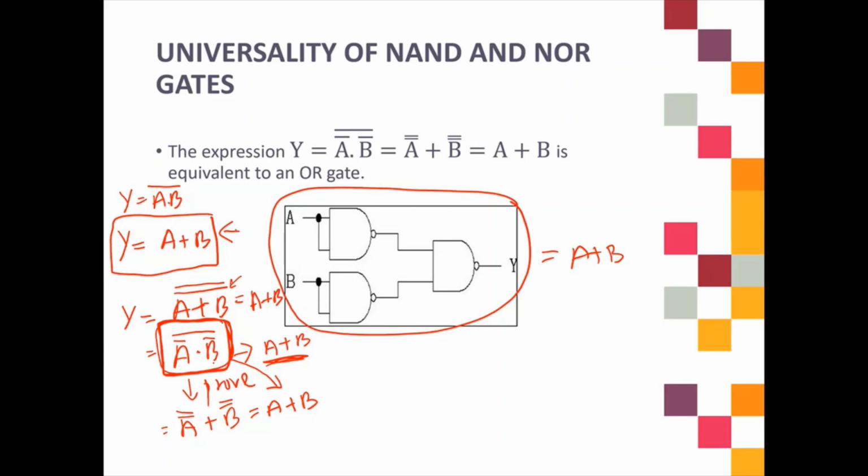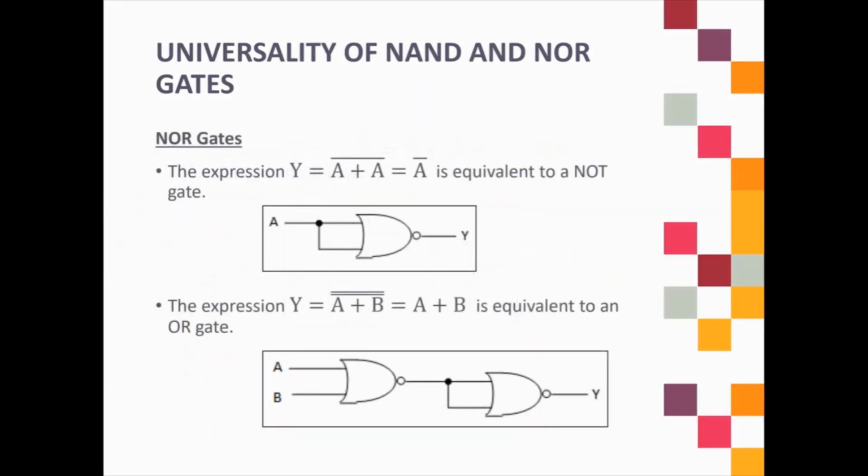Okay. So next, NOR gate. So actually NOR and NAND are quite similar. The steps are actually quite similar. Okay, the difference is just the sign. NAND you need to have a dot and bar on top.